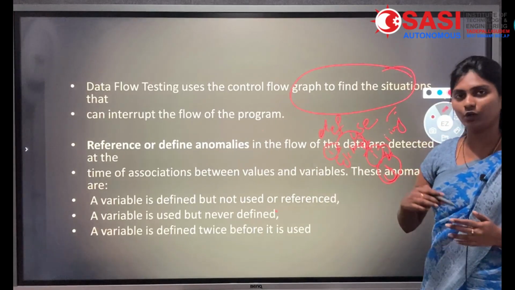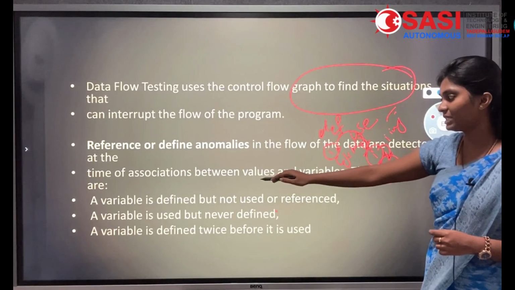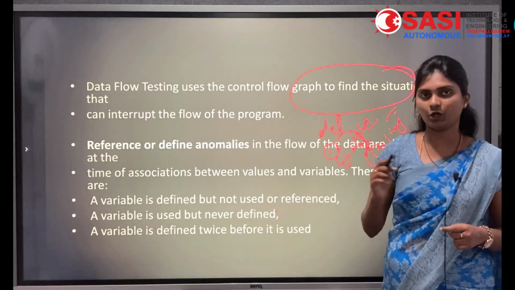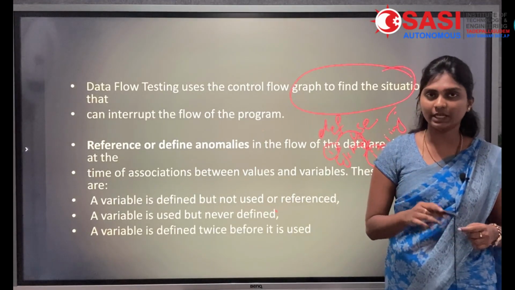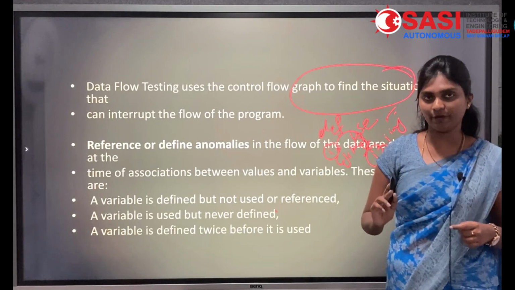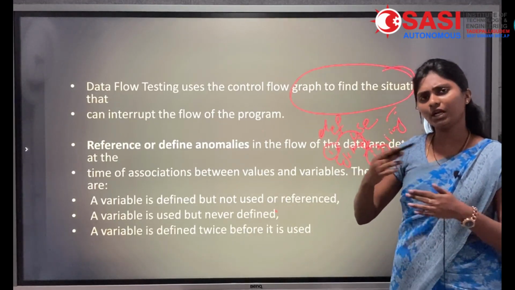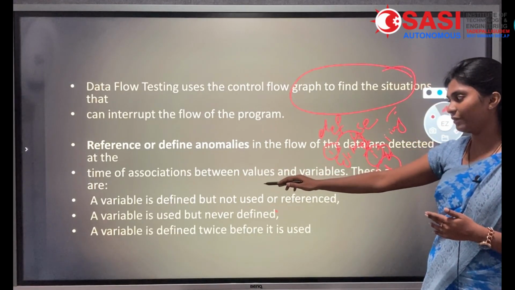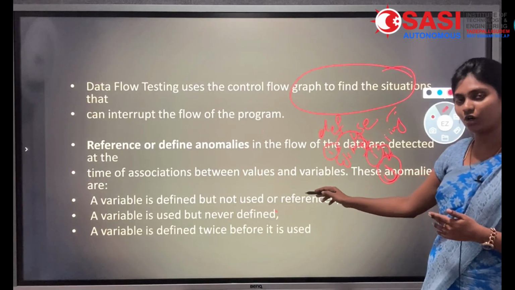So first point, a variable is defined but not used. Once it is defined, it must not be used. Once it is used, it must not be referred. Once it is referred, it must not be defined. So they are totally opposite to each other. The variable is defined but not used or referred.